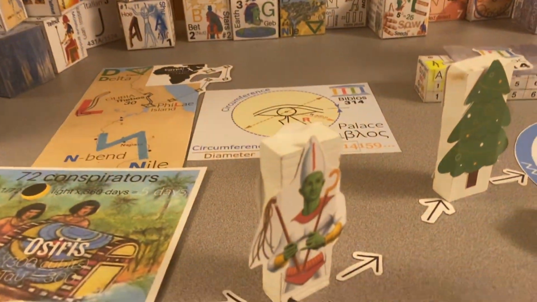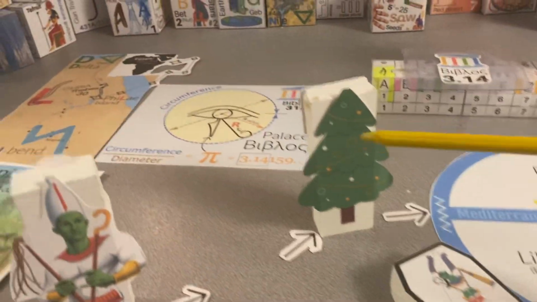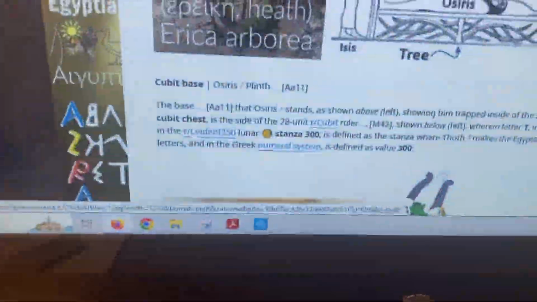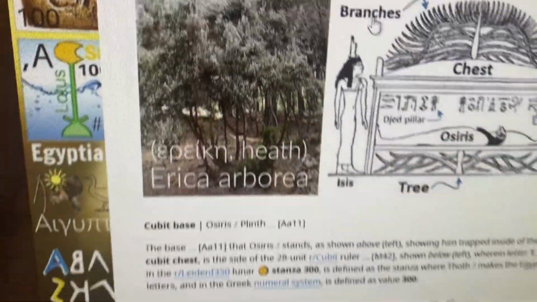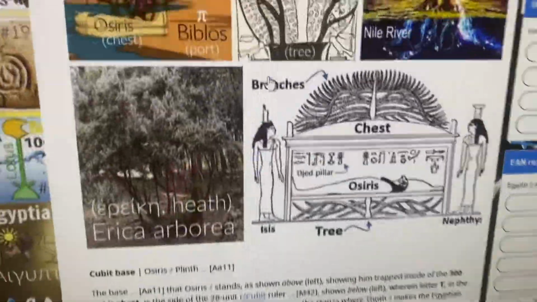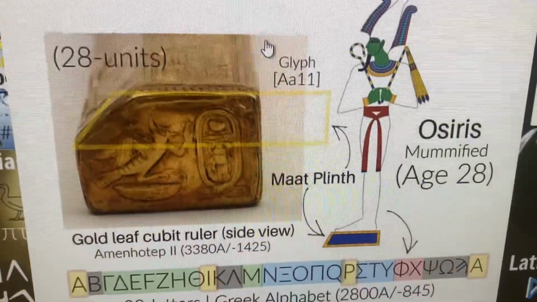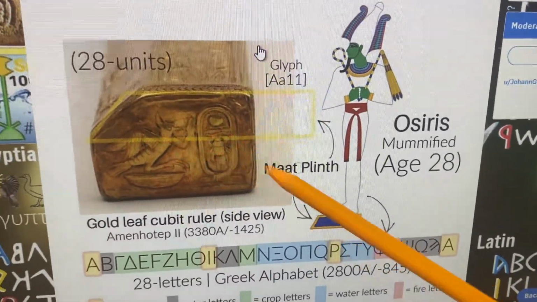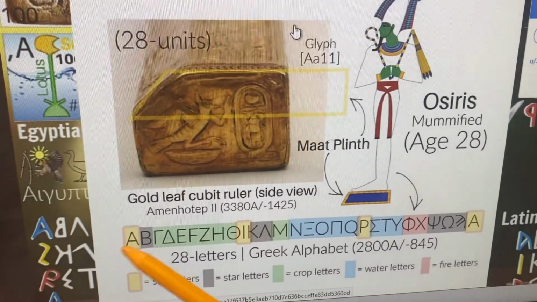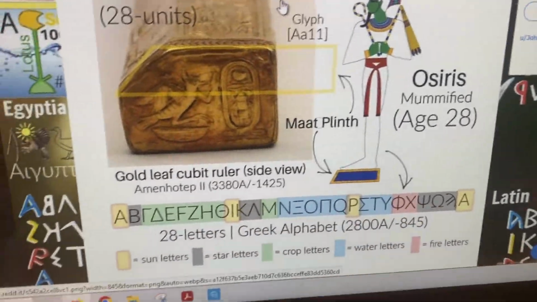So here's Osiris, turns into a chest, then he grows into this evergreen tree. And here's what the evergreen trees look like in Egypt. And there's Osiris. The base of Osiris is the cubit, side of the cubit, which means his body corresponds to the 28 alphabet letters.